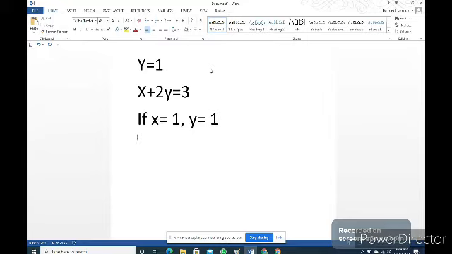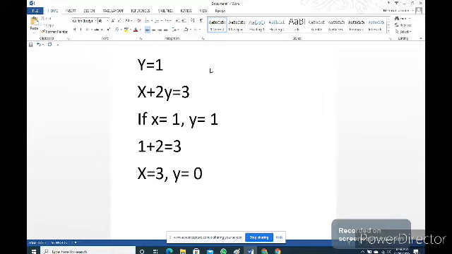1 plus 2 is 3. Now if x is 3, y is going to be 0, which implies 3 plus 0 is equal to 3, because 2 into 0 is 0.